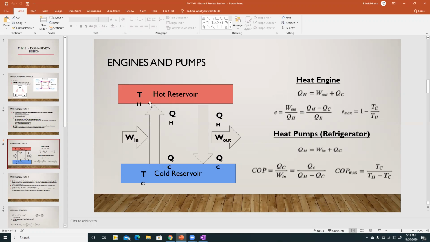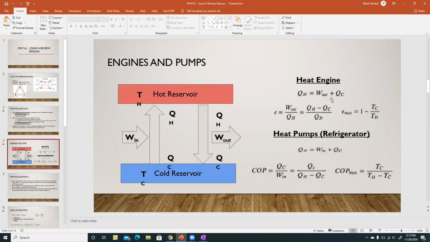So the total heat stored in the hot reservoir, represented by QH, is the work done plus the heat that is thrown to the cold reservoir.